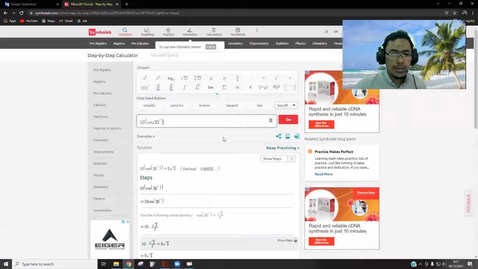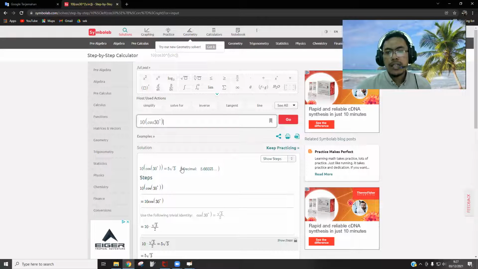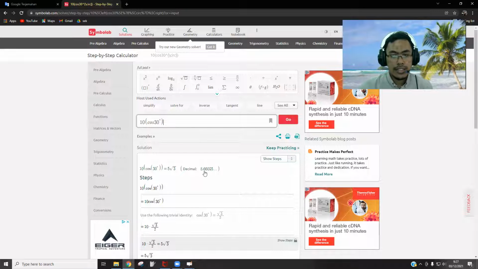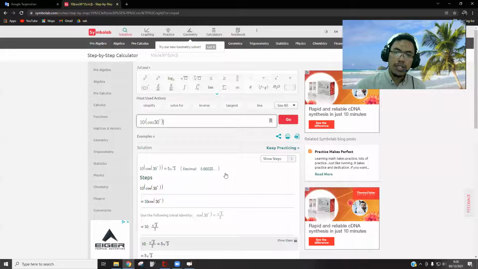Okay, now what I have is a decimal, 8.66. There are two answers actually. The first one is 5 square root of 3, and the other answer is 8.66. But actually these two answers are equivalent. The first one uses a square root symbol, but the other uses a decimal.